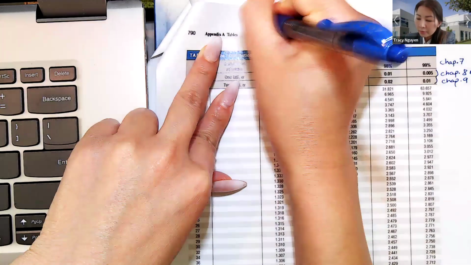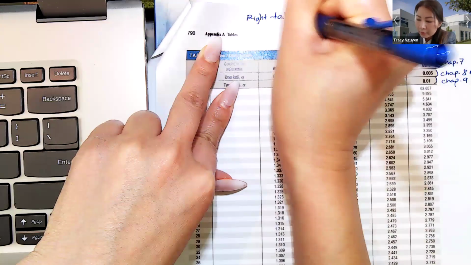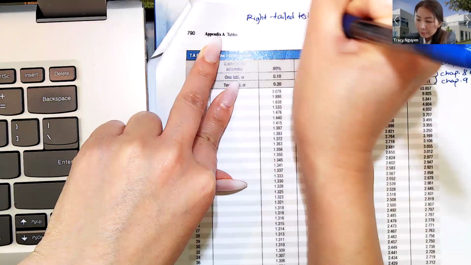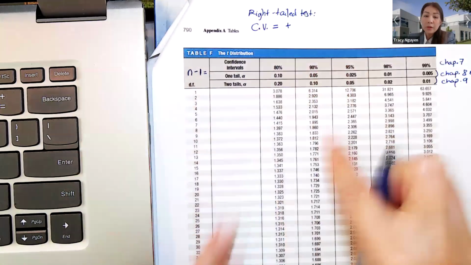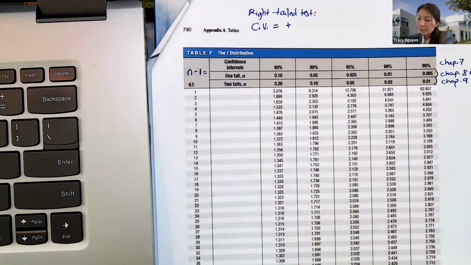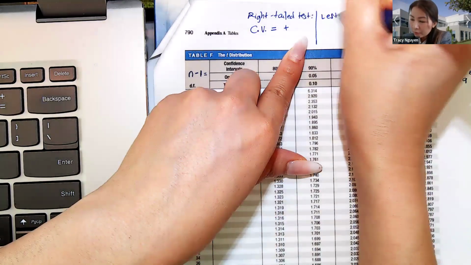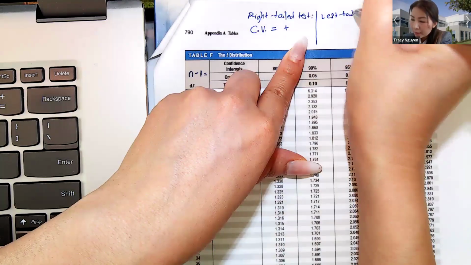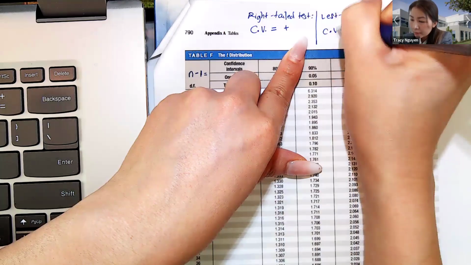Let me write it down here. Right tail test: critical value equals a positive value, directly from the table. For a left tail test, our critical value will be the negative of what we get from the table.